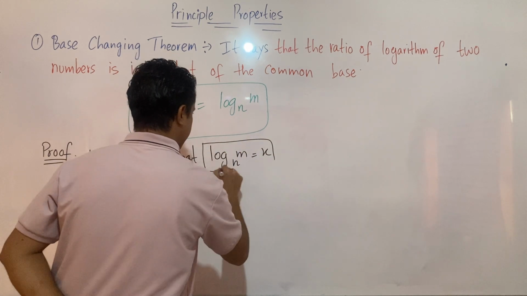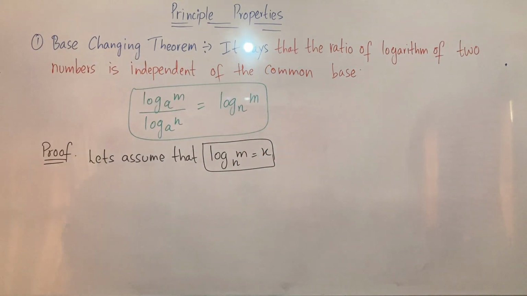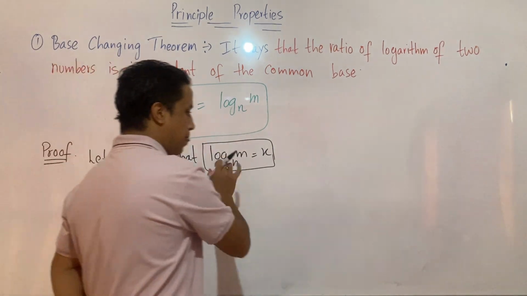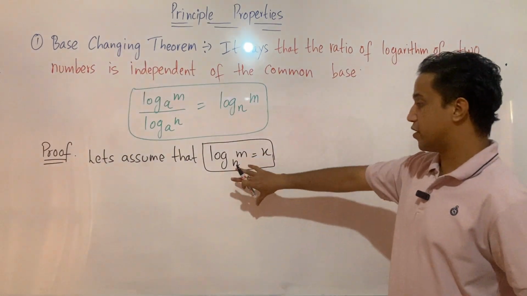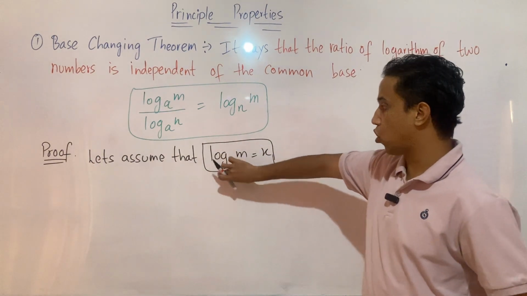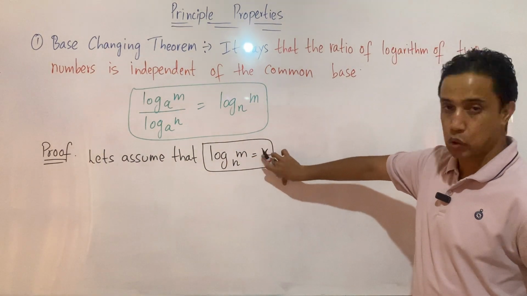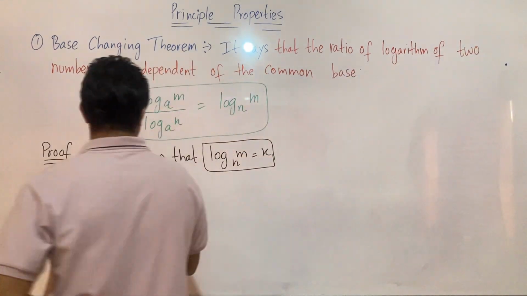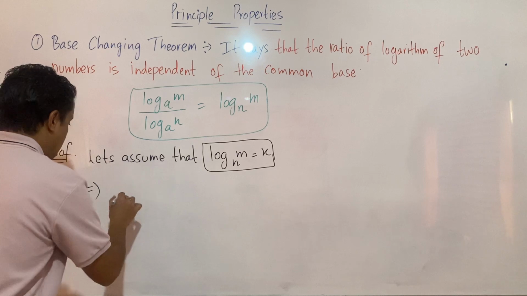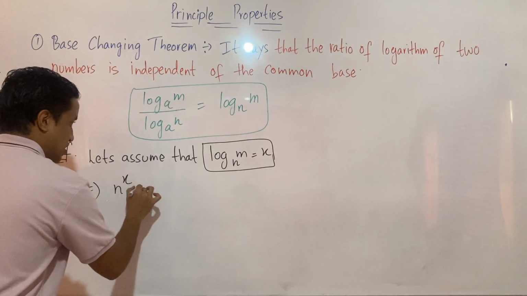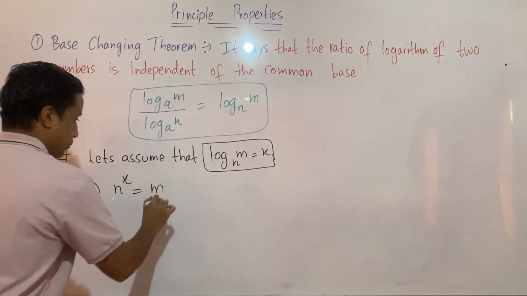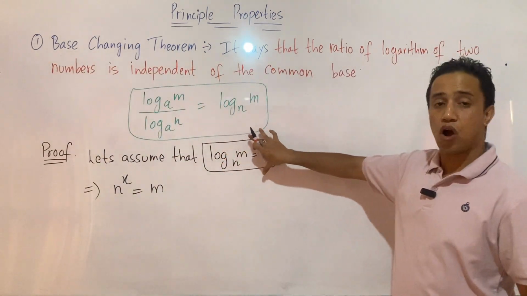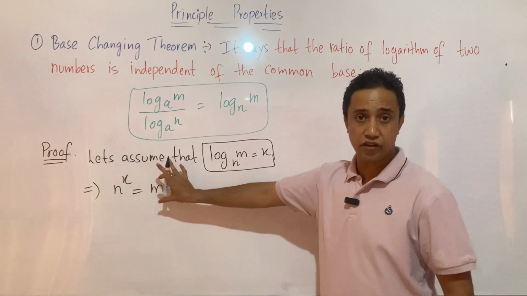This is my assumption. Since I have assumed that this logarithmic function is equal to x, I can say that n to the power x is equal to m, because I am changing the logarithmic function to the exponential function.